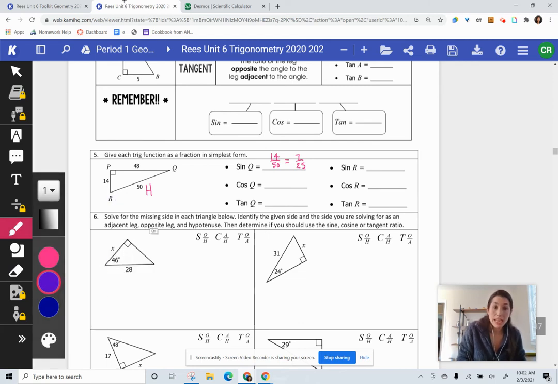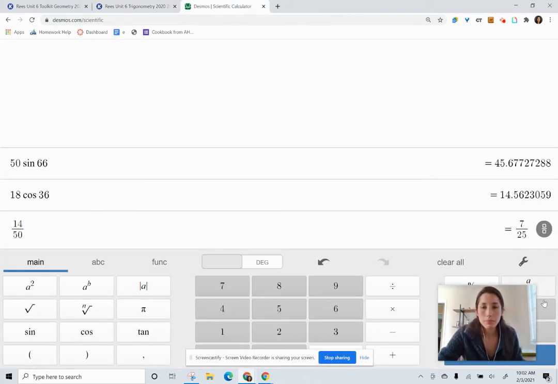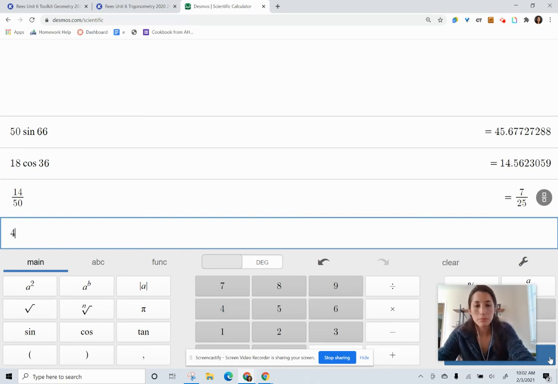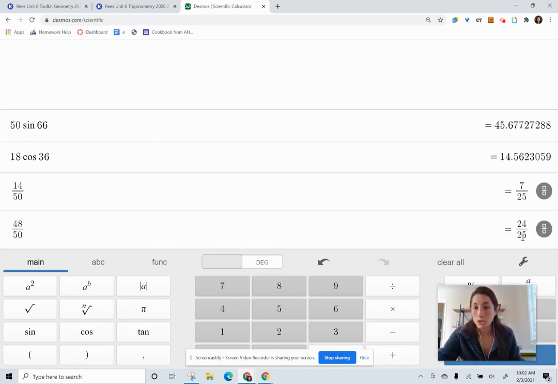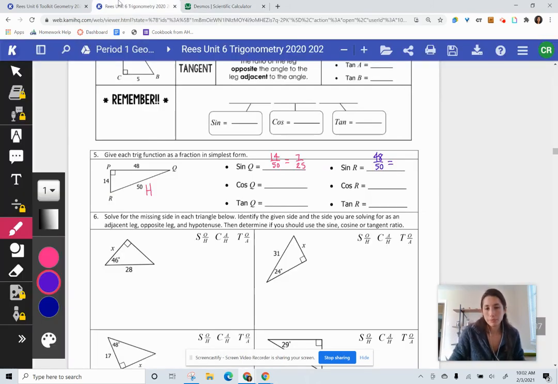So that would be 48 over 50. And we'll go ahead and simplify that. So it's 24/25.